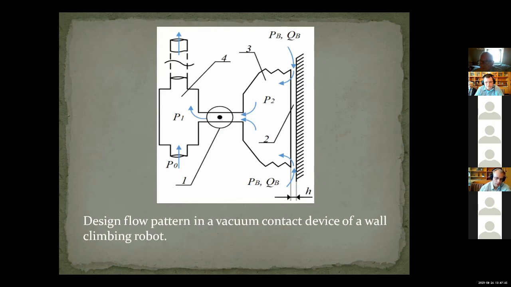The diagram of the calculation model in this figure includes a chamber with two pneumatic restrictions. One of them has constant cross section and connects the chamber with the vacuum generator, and the other has variable cross section, that is, a nozzle flap throttle.